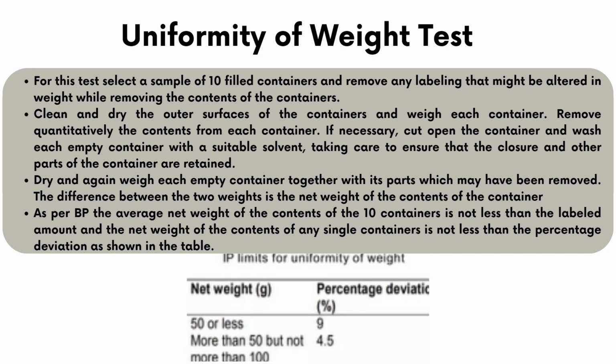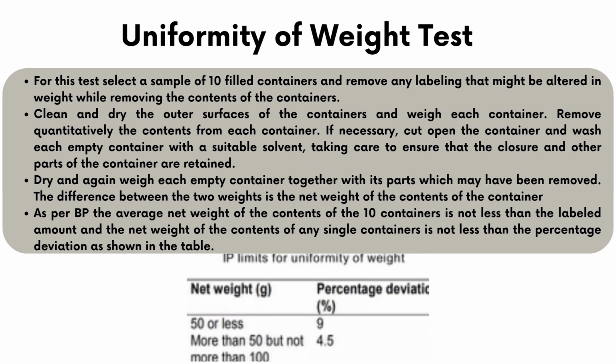We clean and dry the outer surface of the container and weigh each container, remove quantitatively the content from each container, and if necessary we cut open the container and wash each empty container with a suitable solvent, taking care to ensure that the closure and other parts of the container are retained. We dry and weigh each empty container together with its parts which may have been removed. The difference between the two weights is the net weight of the content of the container.